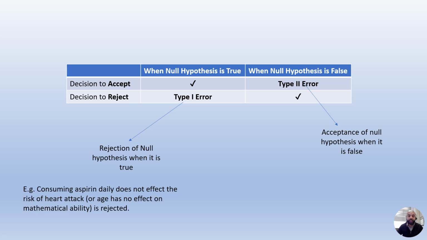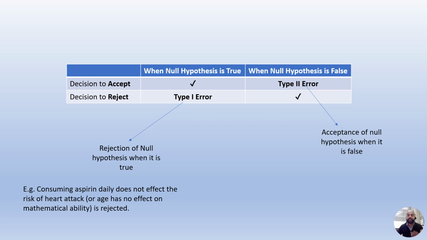So here you can see that you will reject the null hypothesis when it is true is, for example, if you say that consuming aspirin daily does not affect the risk of heart attack, or age has no effect on mathematical ability, and you have rejected it, whereas age actually has no effect on mathematical ability, and anybody will be able to demonstrate an ability to perform math based questions or solve calculations, and age has no effect, but you reject it, whereas it is true.